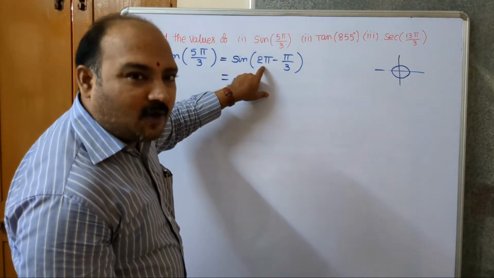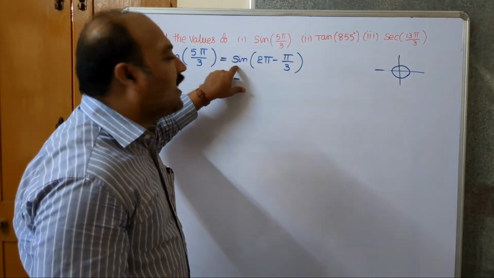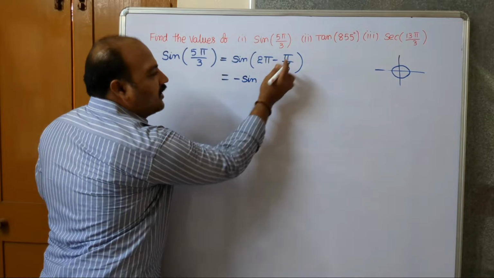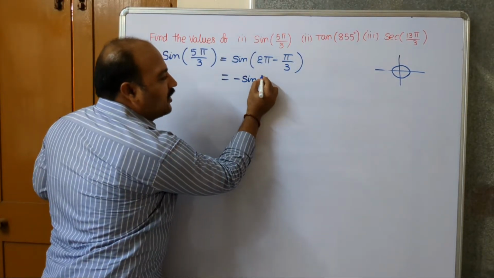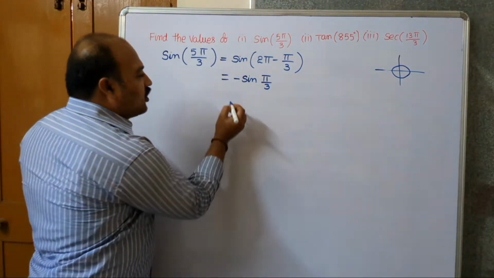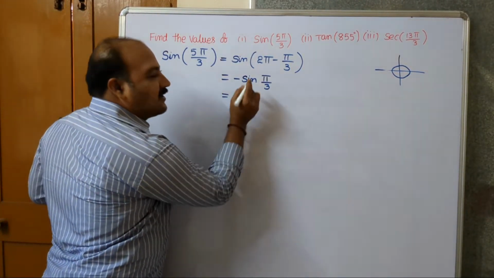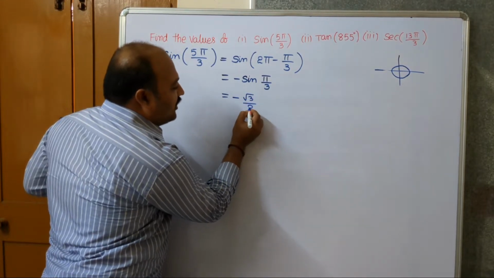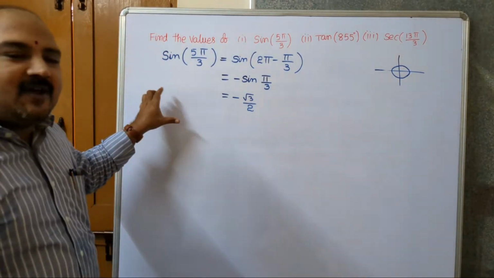So when an even multiple of pi by 2 comes, what happens? Sine comes. So what is the angle here? Pi by 3. Whatever the angle is here, write that. Pi by 3 means 60 degrees, no? So we get minus sine 60, minus root 3 by 2. I hope everyone understands. This is the way we can do this today.